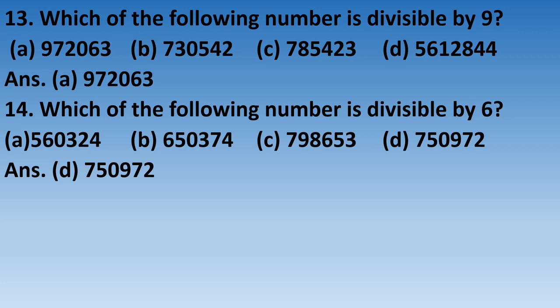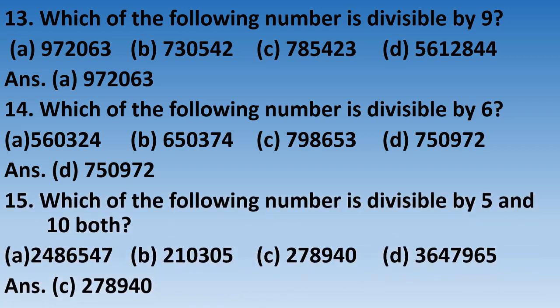15th, which of the following number is divisible by 5 and 10 both? A number is divisible by 5 if its ones place digit is either 0 or 5.